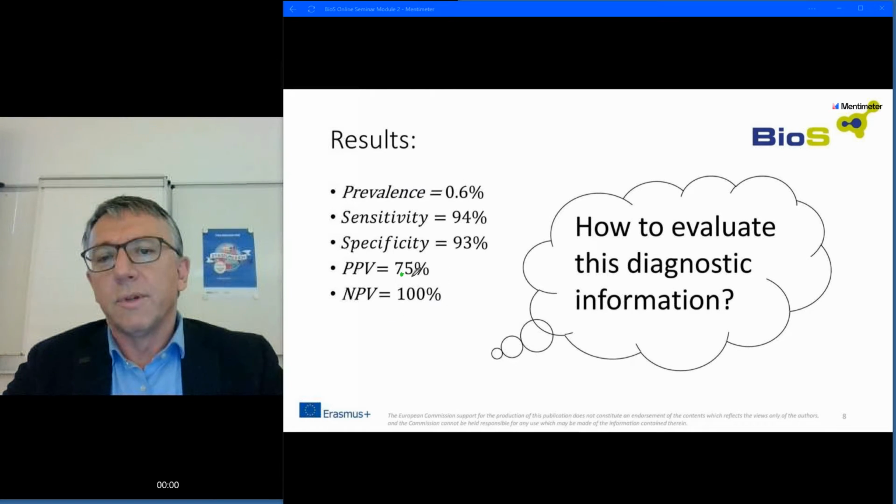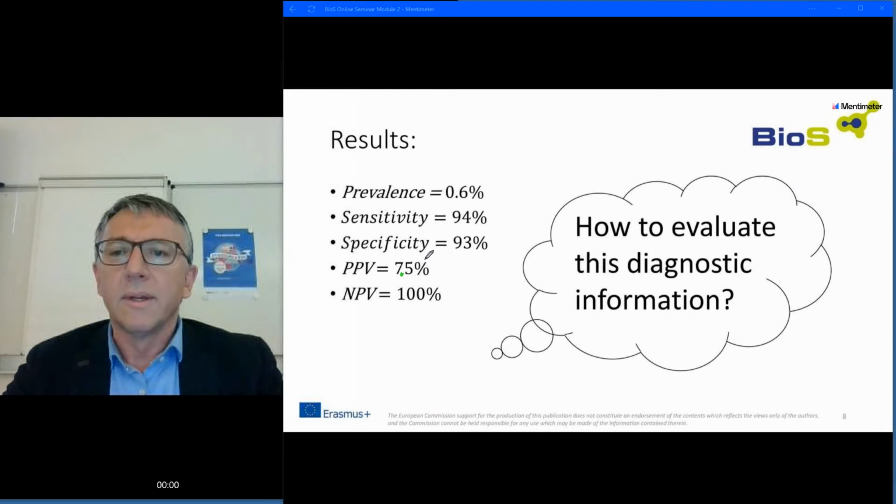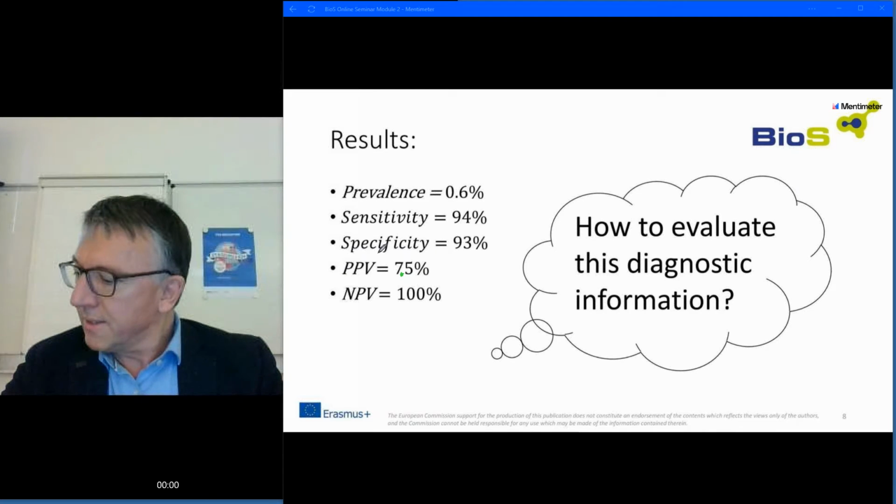For those women who have a negative test result, they can now be pretty sure, 100% sure, that they don't have breast cancer. So the screening test is good to exclude the disease, but it's not very good at predicting that you actually have the disease.